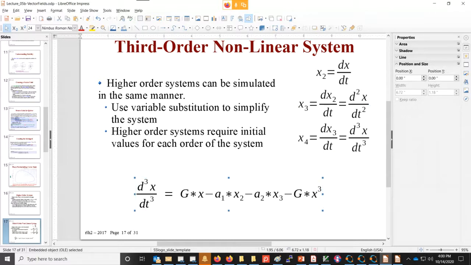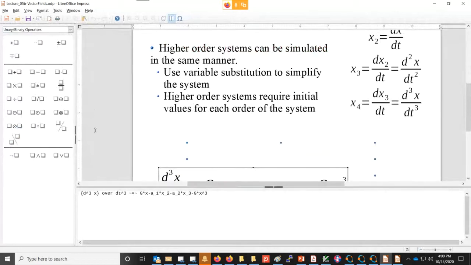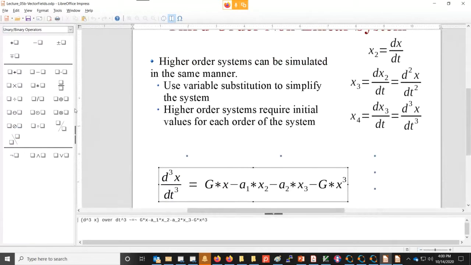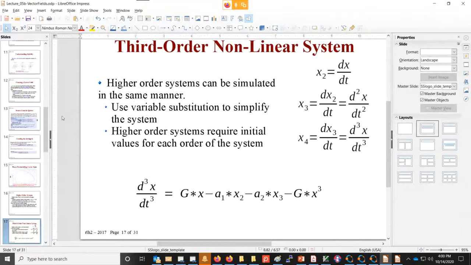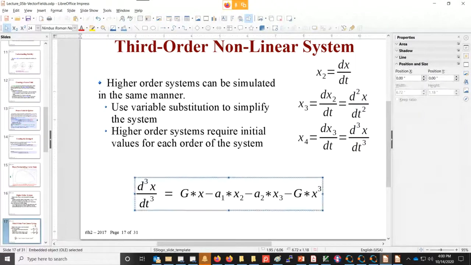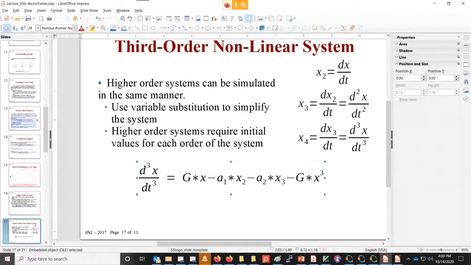But notice here that this system is nonlinear because this last value here is x to the third power. That makes it a nonlinear system. So when you plot that, you evaluate the third order derivative.